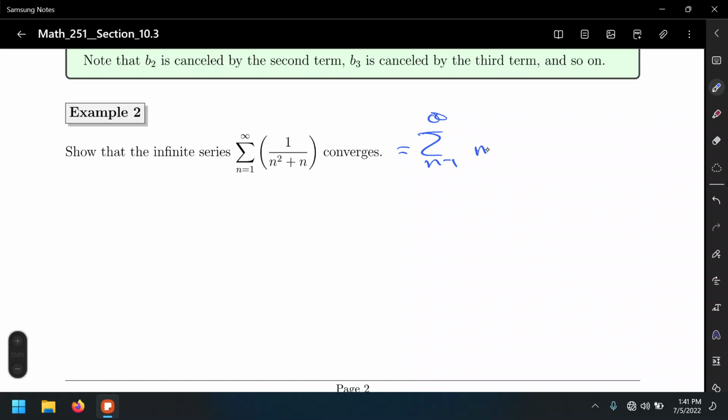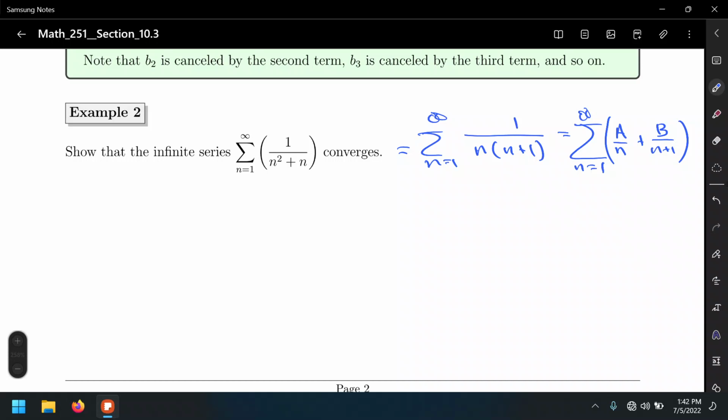Let me factor n, and from here, let's write down the partial fractions: A over n plus B over n plus 1. All right, so let's perform the partial fraction.